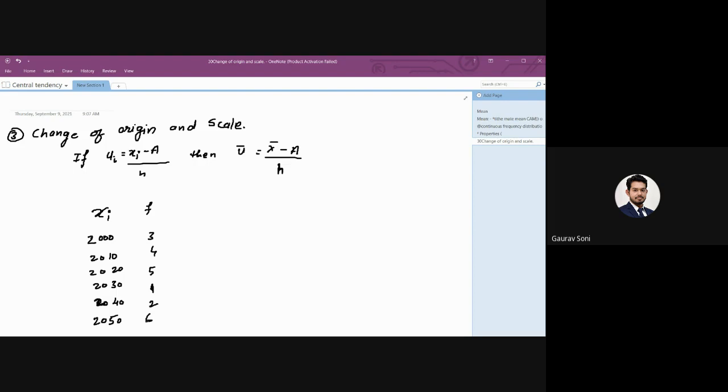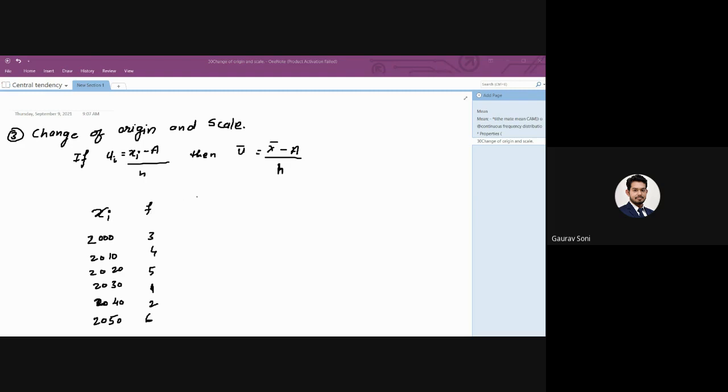Look, there is no point in carrying forward this 2000. So what I will do is change the origin as well as change the scale.